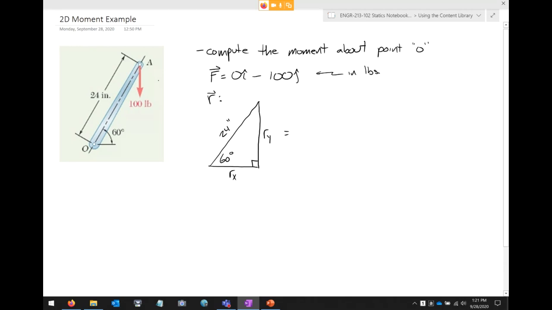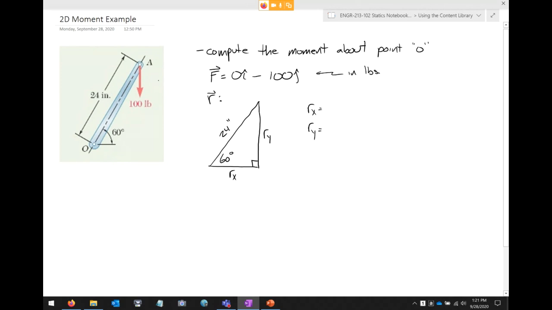To be clear, I'm actually going to do this problem two different ways with two different definitions of R, and I think you'll see how this is pretty straightforward. So how are we going to compute Rx and Ry?